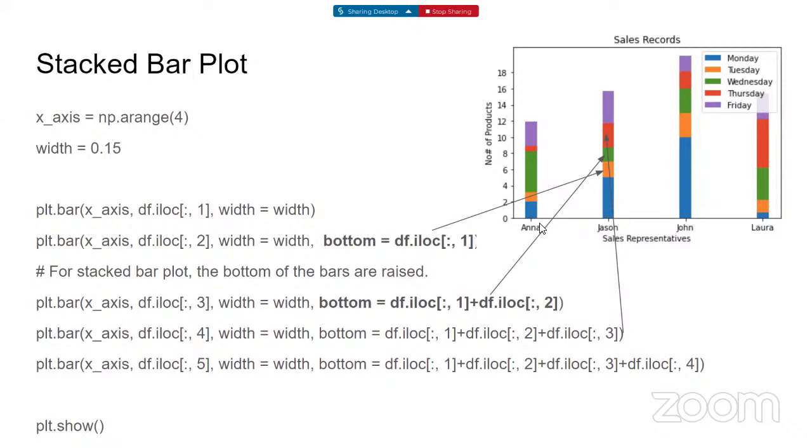So that's why we use the stacked bar. And you can still compare the sales records between the different days. As you see, blue ones are obviously longer than the orange ones and the rest.